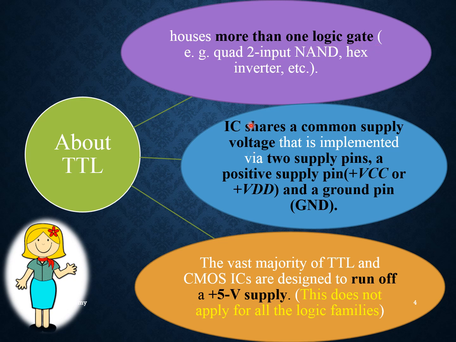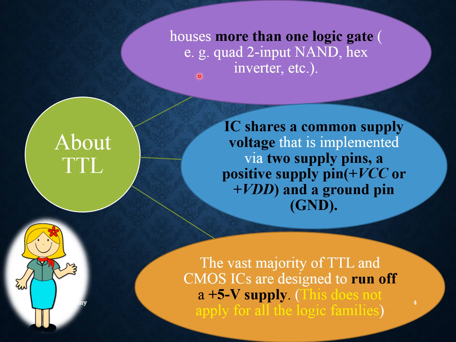Then the IC shares a common supply voltage that is implemented via two supply pins, a positive supply pin, plus VCC or plus VDD, and a ground pin GND. The vast majority of TTL and CMOS ICs are designed to run off a 5 volt supply, but this does not apply to all logic families.